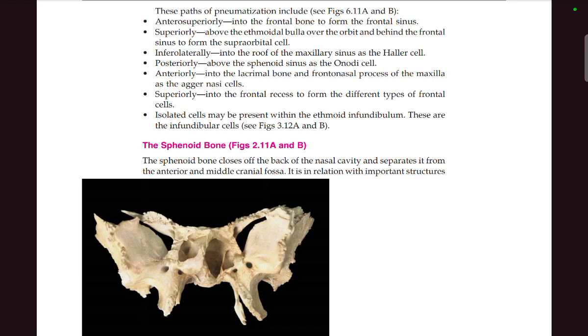Isolated cells may be present within the ethmoid infundibulum. These are infundibular cells.